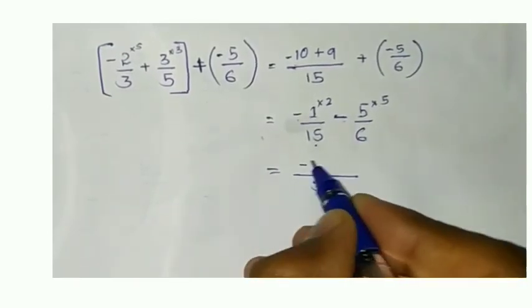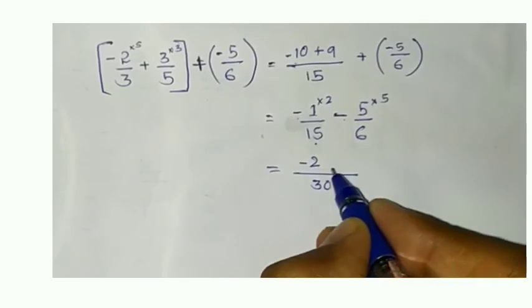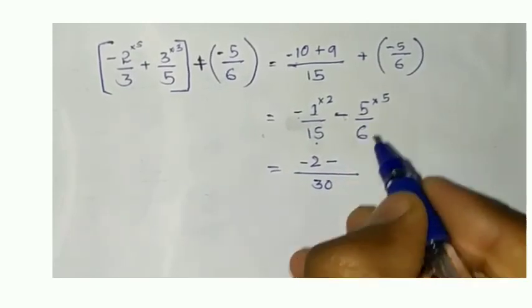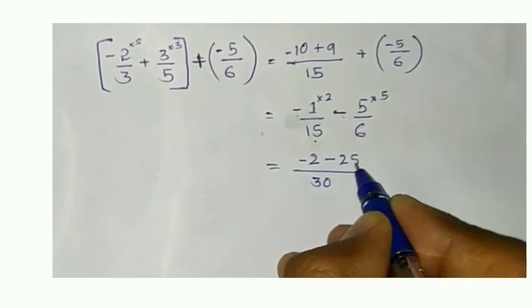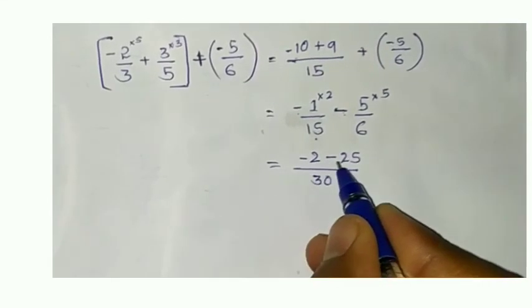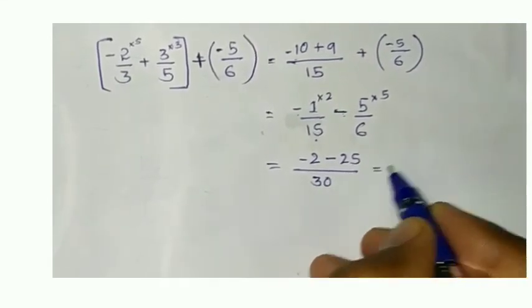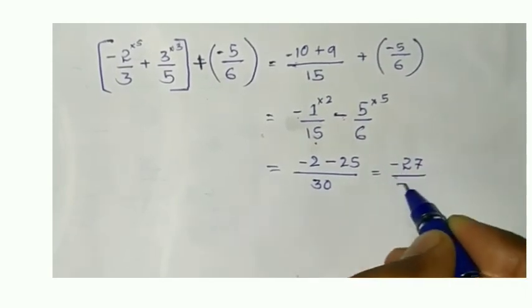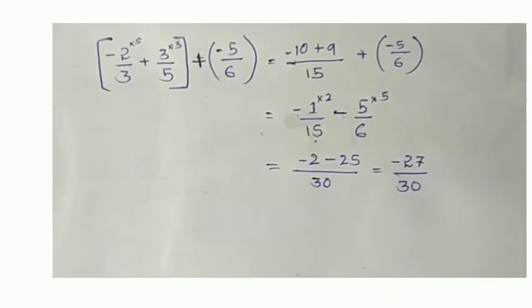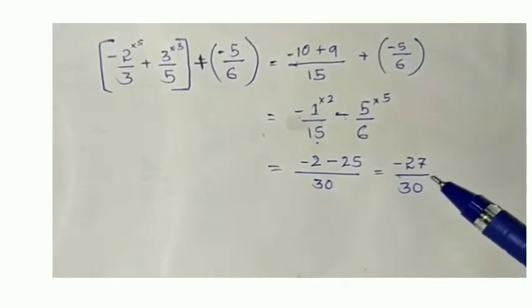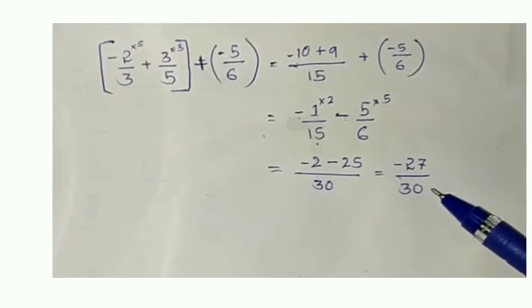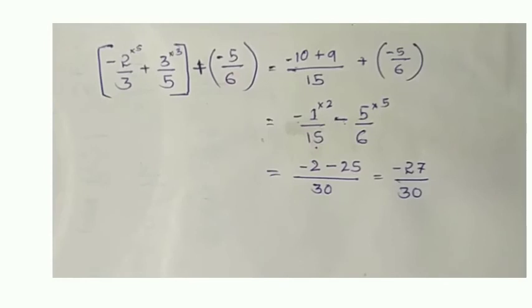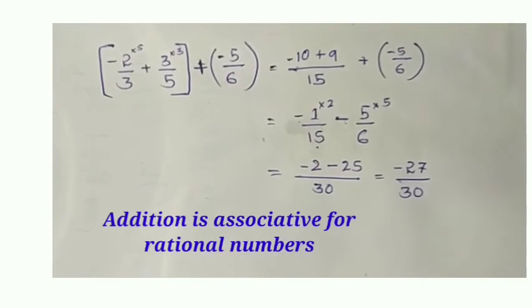So minus 1 into 2 we will get minus 2, again minus 5 into 5 we will get minus 25. Minus 2 and minus 25, how much will we get? We will get minus 27 by 30. So earlier also we got minus 27 by 30, now also we got minus 27 by 30. That's why we can say addition is associative for rational numbers.